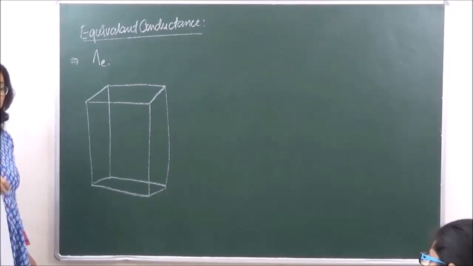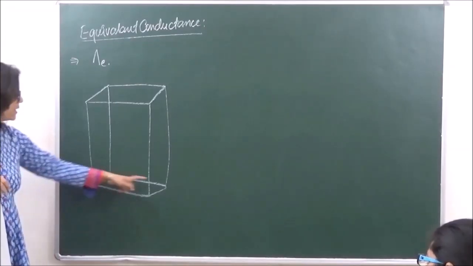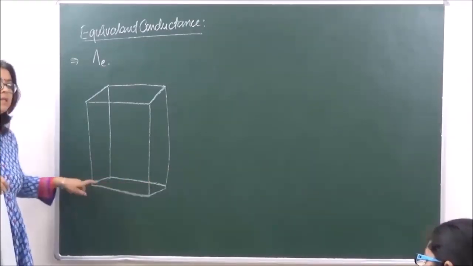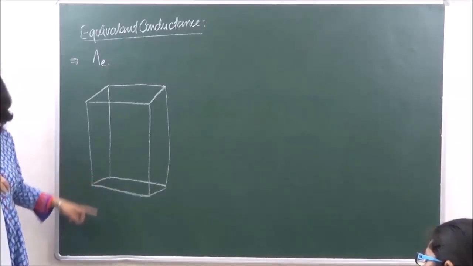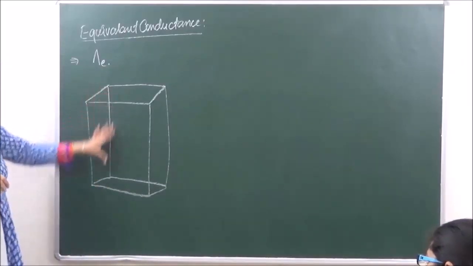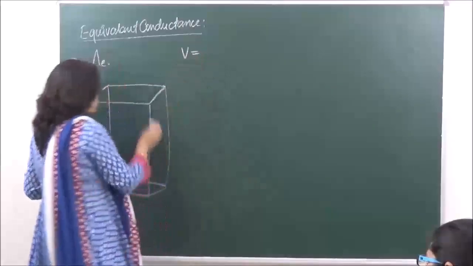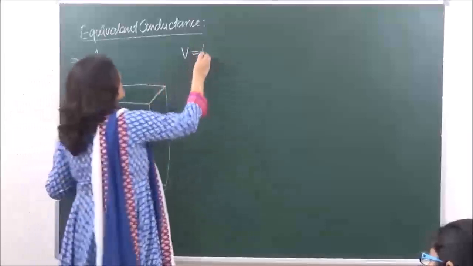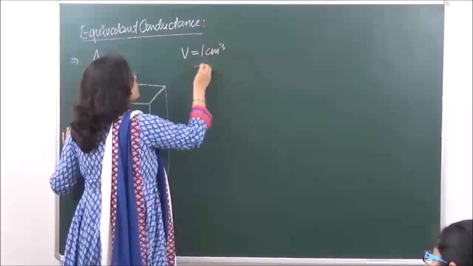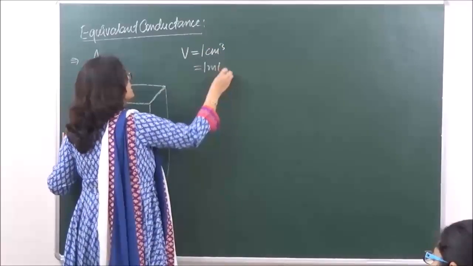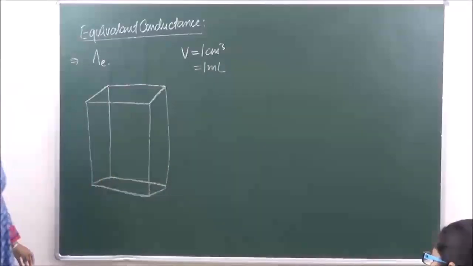So the length is going to be 1 centimeter, and the area of cross section is 1 centimeter square. Clear? Now in this particular conductor, we take one electrolyte which has a volume of 1 centimeter cube, or we can say a volume of 1 milliliter.